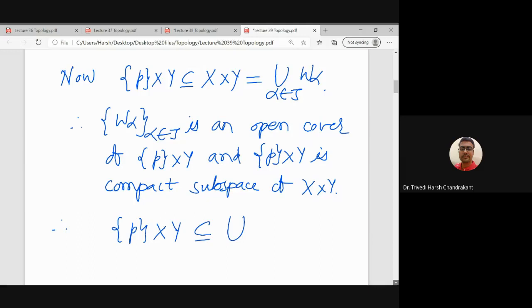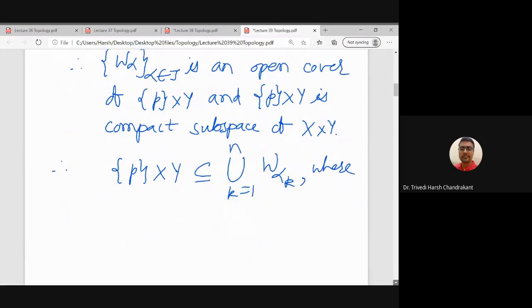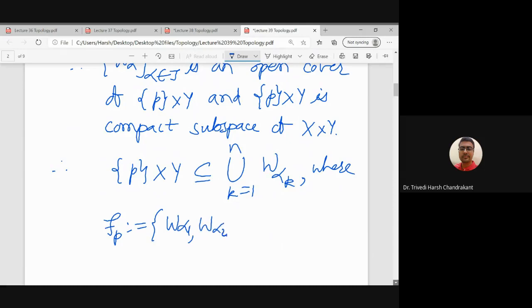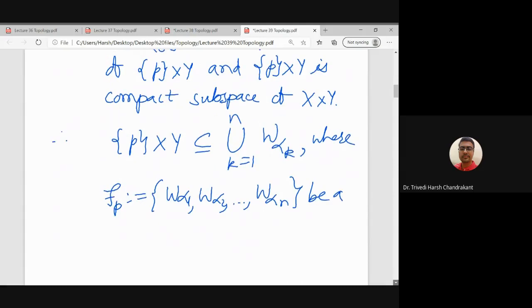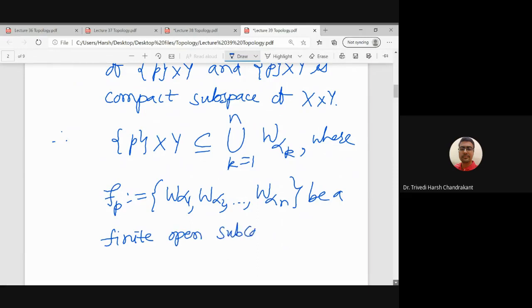the union of a finite family. So let us call it W alpha k, k running from 1 to n. This finite family I will denote by Fp, where Fp is defined to be W alpha 1, W alpha 2, up to W alpha n, a finite open subcover of C. So C is the family W alpha.